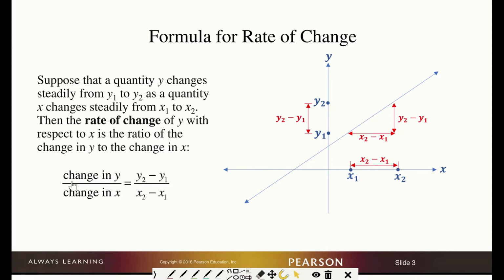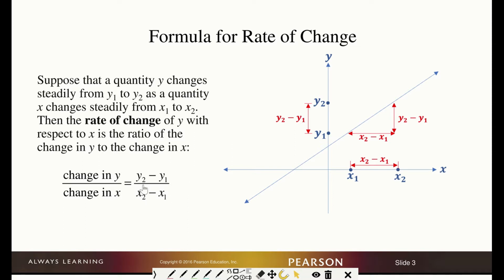So we basically divide the change in y by the change in x. If you remember, the change in y is just the final value of y minus the initial value of y, so y2 minus y1, and the change in x is the final value of x minus the initial value of x, so x2 minus x1.